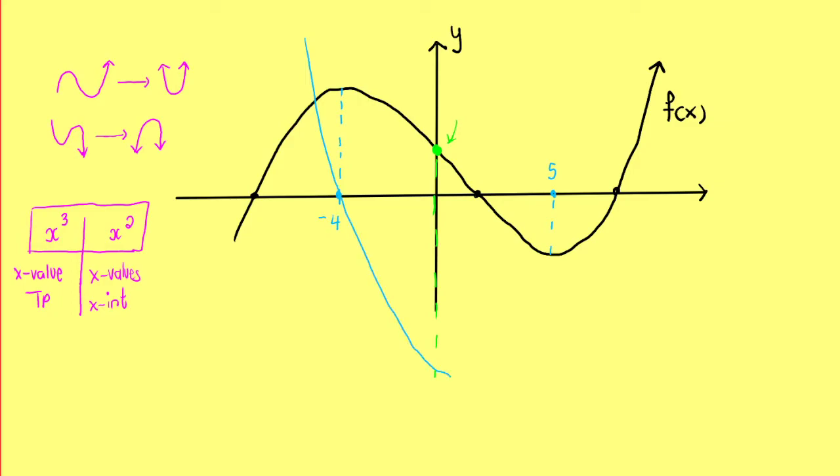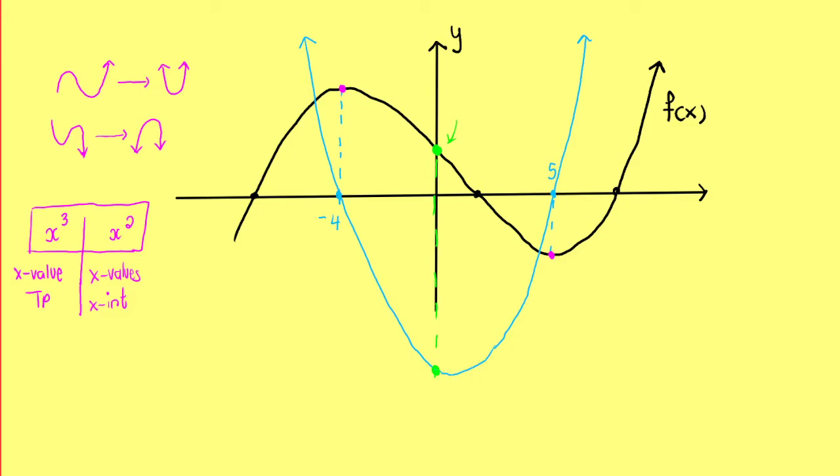Our parabola now will look more or less like this, sharing the x values of the turning points of the cubic and also sharing the x value of the point of inflection of the cubic.